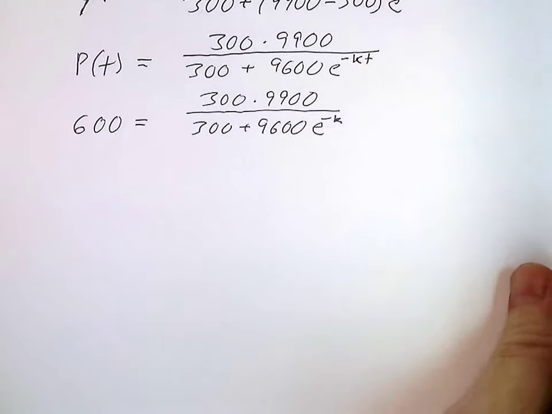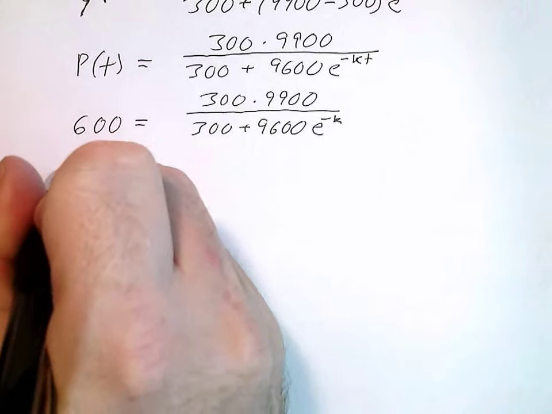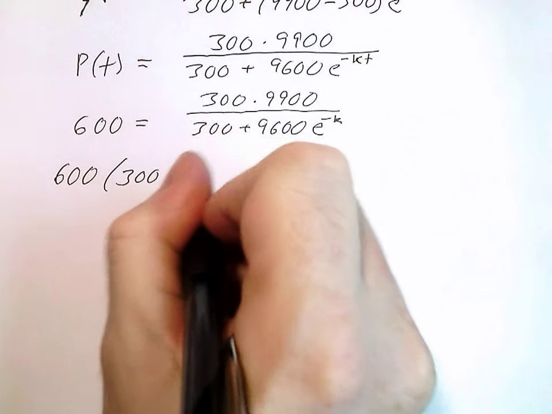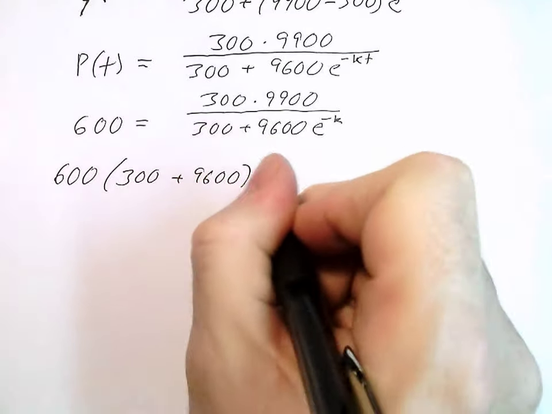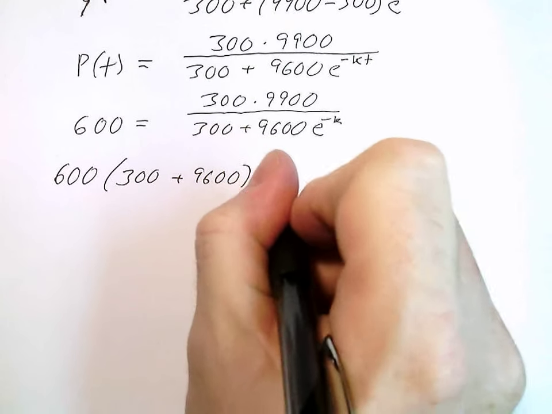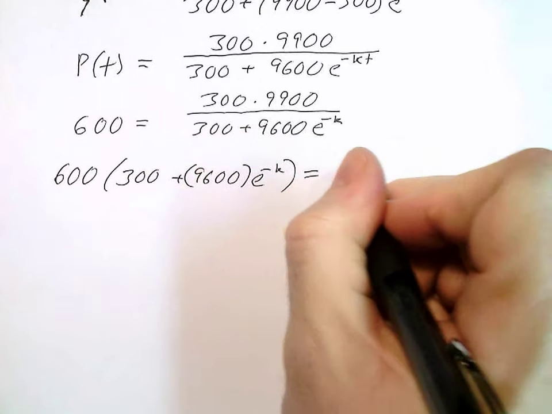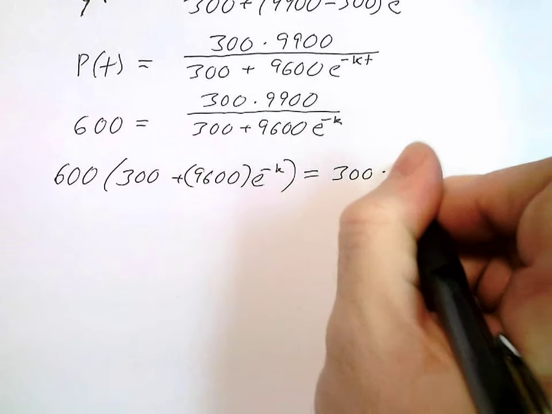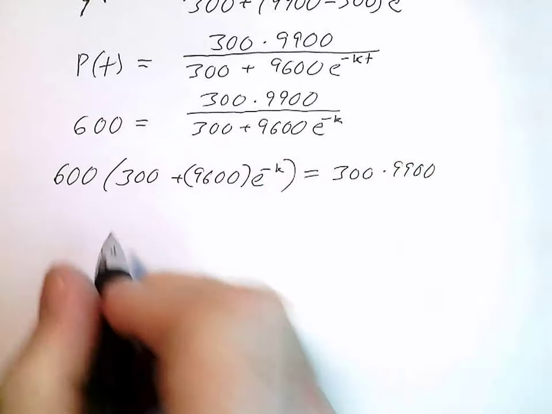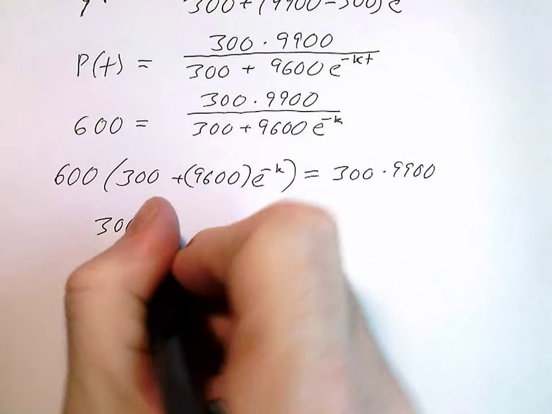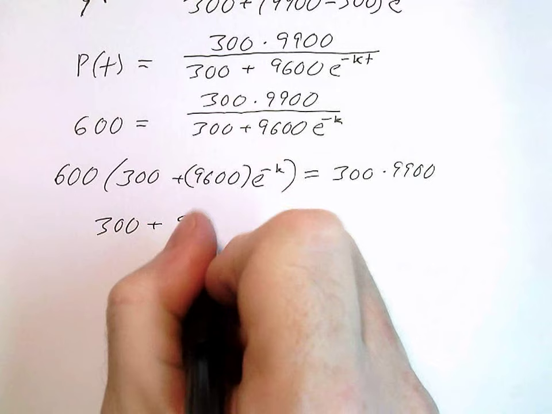I'm going to have 600 times 300 plus 9,600 e to the minus k equals 300 times 9,900. So I'll divide both sides by 600.